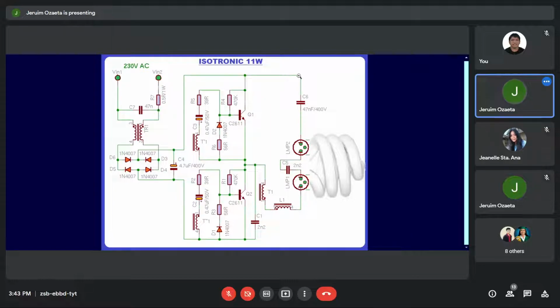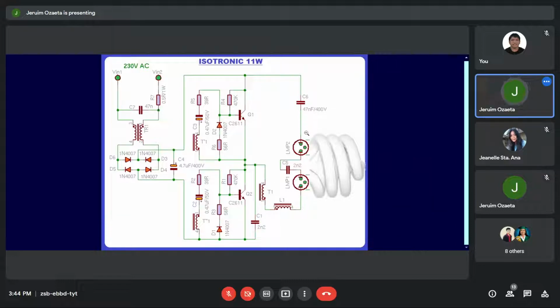Pag nag-charge yung C6, magiging positive na ang terminal lamp 2, magcha-charge din ang C5. Okay? Pag nag-charge ang C5, magko-conduct ang L1, makukomplete ang circuit through C1. Alright, C1. Ano mangyari?